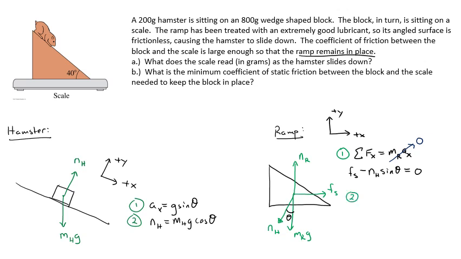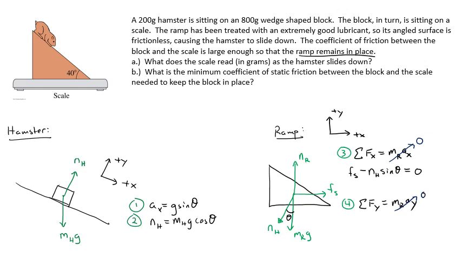And then in the y direction, sorry, I guess I should call this 3 and 4. Let me call it 3 and 4. In the y direction, the sum of forces is equal to the mass of the ramp times ay, which is again 0 because the ramp's not moving.